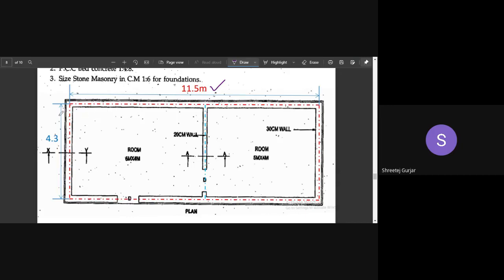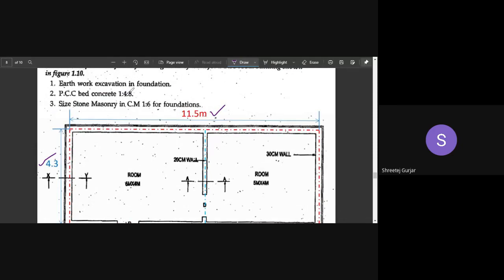Okay, so coming to short wall length, the short wall length is this length. So this is 0.15, that is half of your 30 centimeter external wall, right? So 0.15 plus this width 4 meters plus 0.15, half of this thickness. So it will be 4.3 meters. So 4.3 meters is the short wall length and 11.5 meters is the long wall length. So we have calculated the center to center line length of my long wall and short wall.